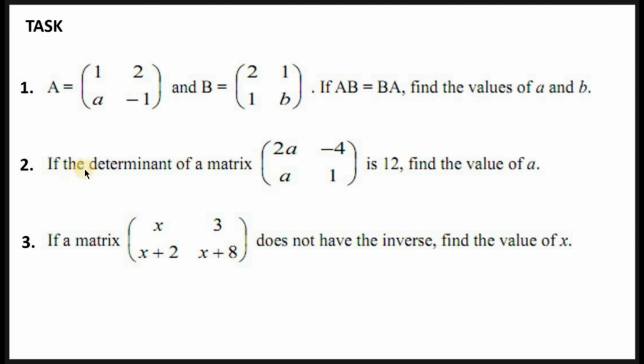Then they're saying if the determinant of this matrix here is 12, find the value of A, like the one we did there. Again here they're saying if this matrix does not have an inverse, find the value of X. What do they mean if it doesn't have the inverse?